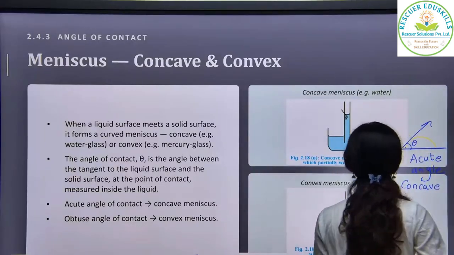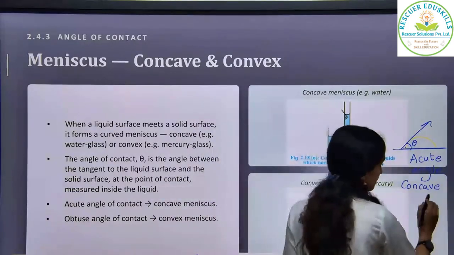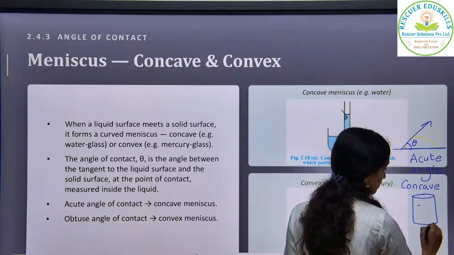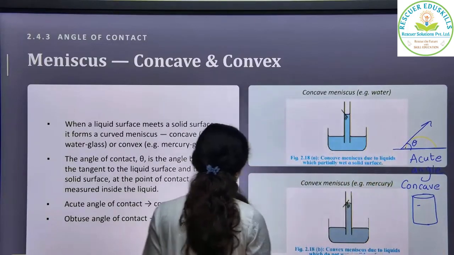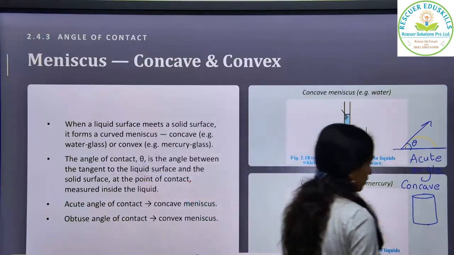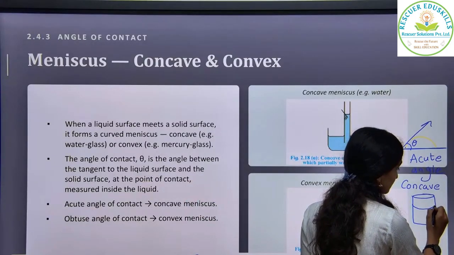So what does concave meniscus mean? Let's just imagine that this is one container. Now the liquid will look like this.